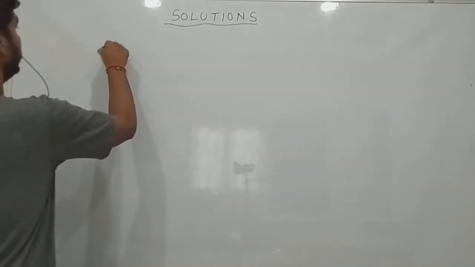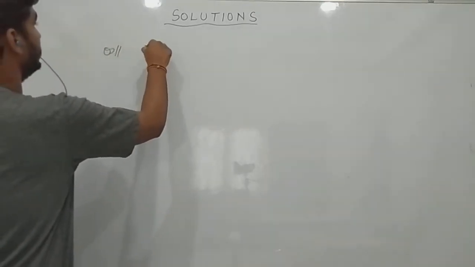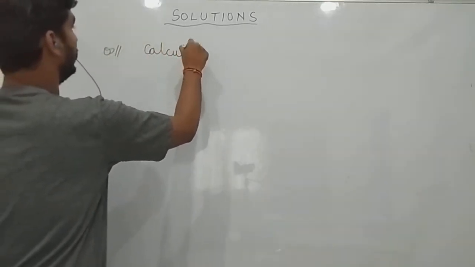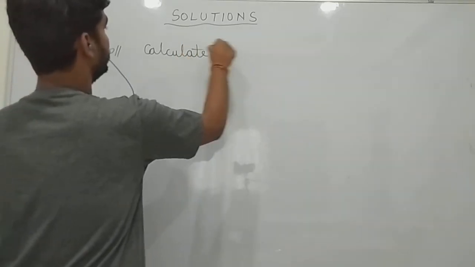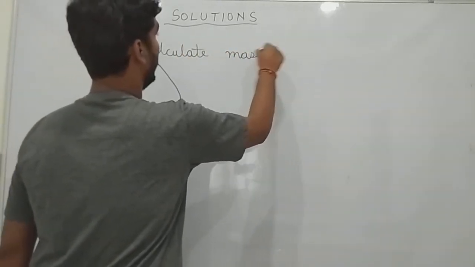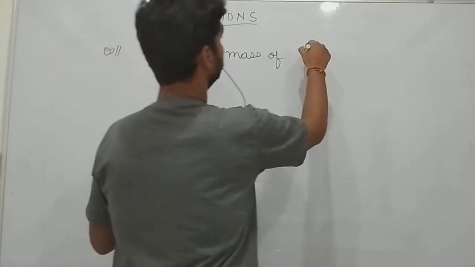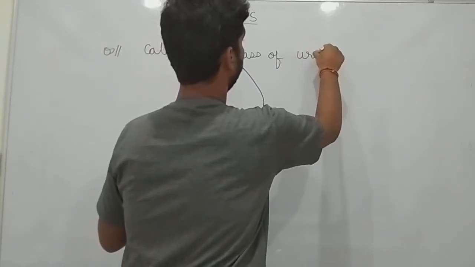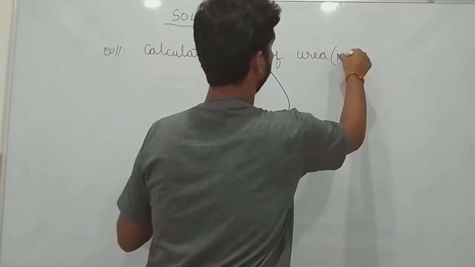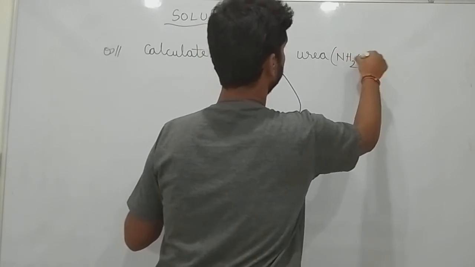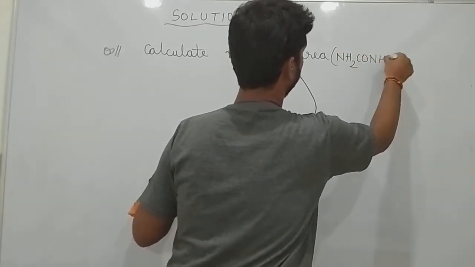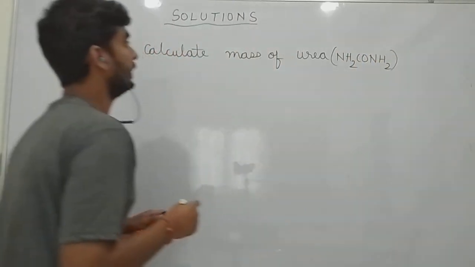The question says, calculate the mass of urea. Urea is a non-volatile solute. Molecular formula NH2CONH2. This is the formula for urea.